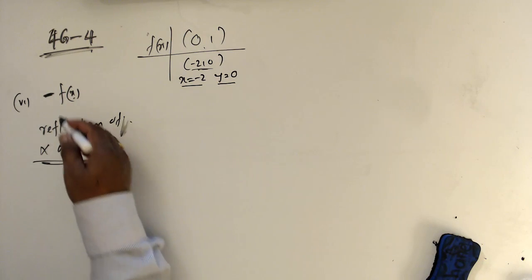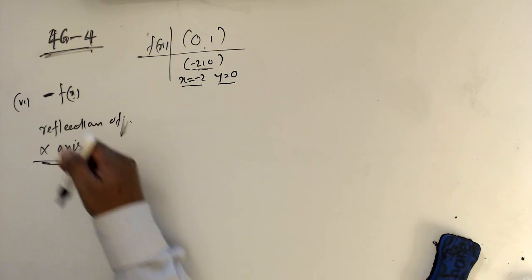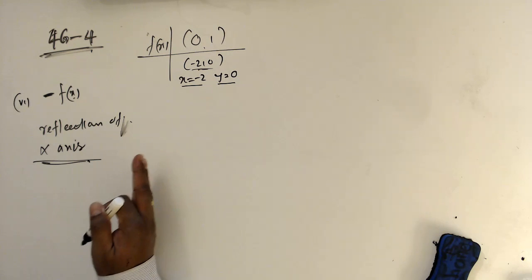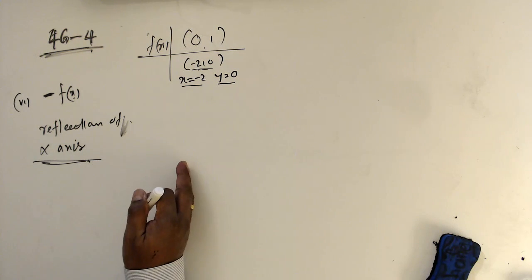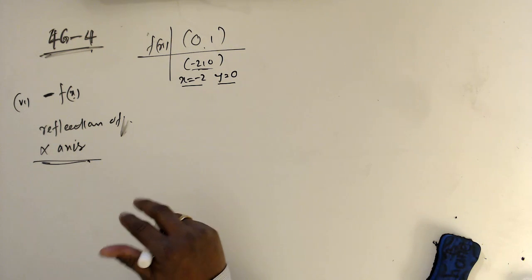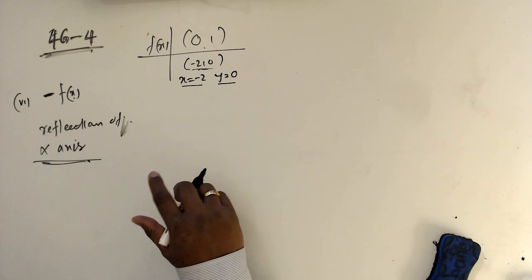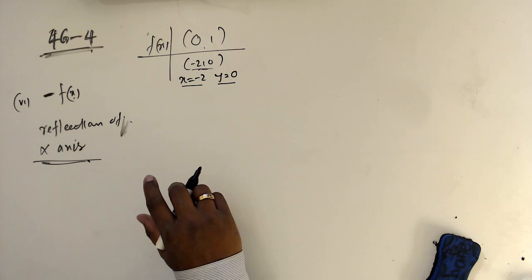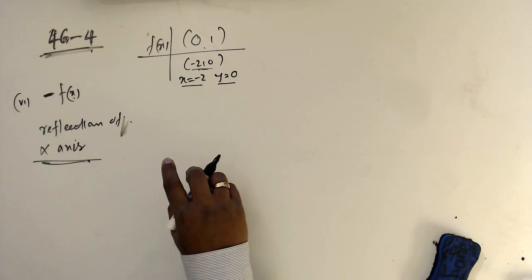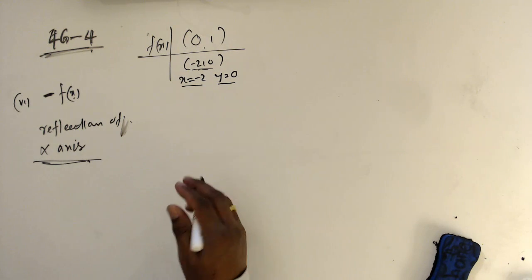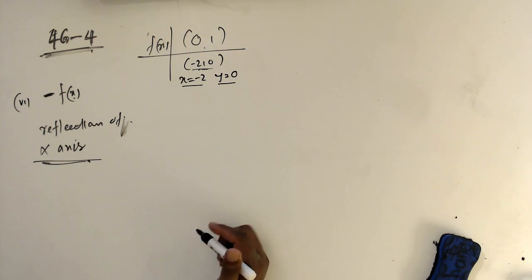Yes, because reflection means this will happen. x values stay the same. The sign of all the y values is changing. Sign changing means the side changing.